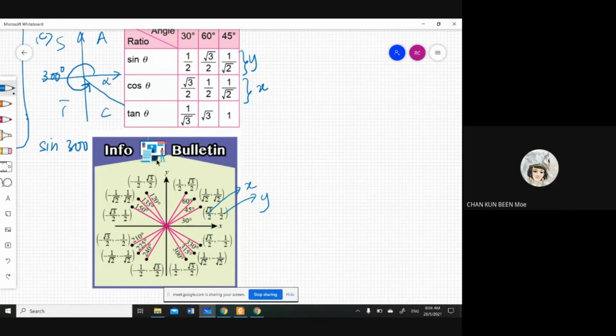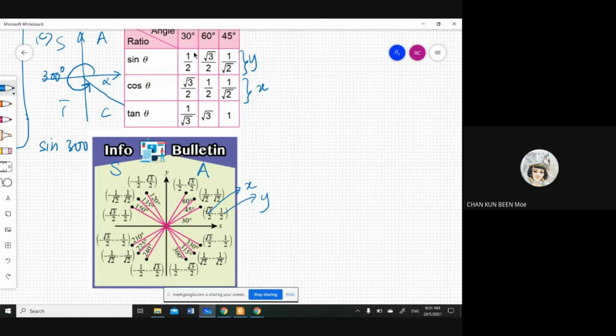Okay, and then you got to refer to this quadrant 2. This one, all are positive. Quadrant 2, which one is positive? The sine only, right? Yes. Okay, now to get the value, you refer to the 30 degree here. The value of x coordinate is root 3 over 2. But because cos is negative in quadrant 2, that's why we have negative root 3 over 2.